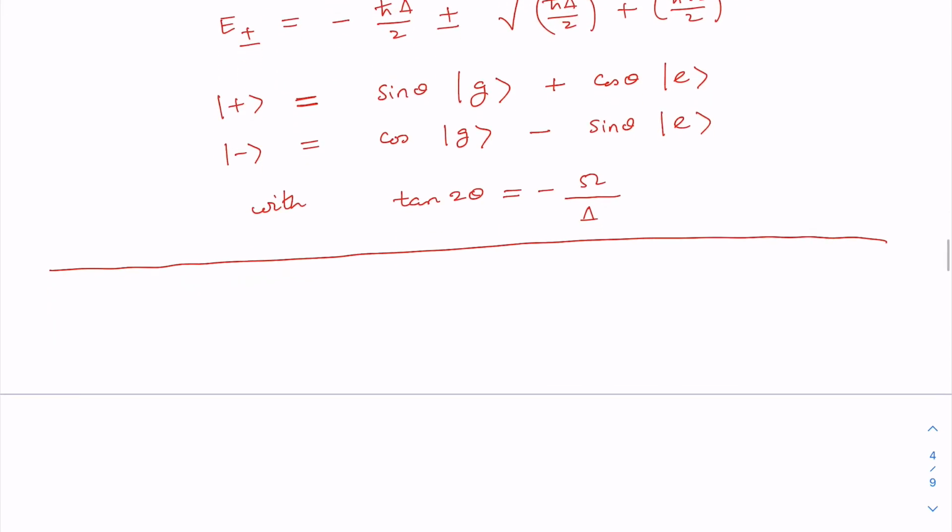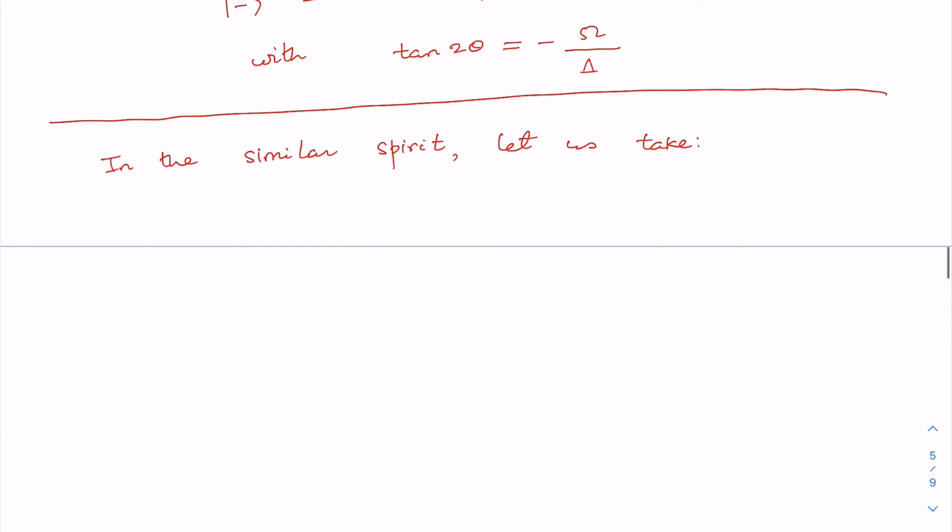So in a similar spirit, then we can avoid doing detailed calculation. Let us take, say, the dressed state of the Jaynes-Cummings Hamiltonian to be, let me write it as sine theta.